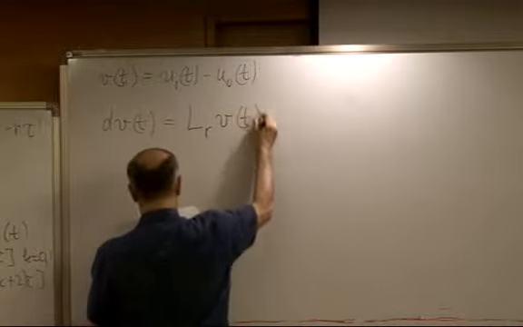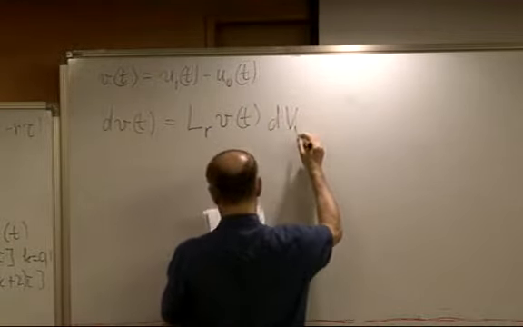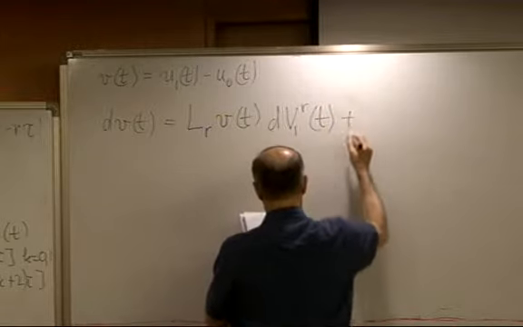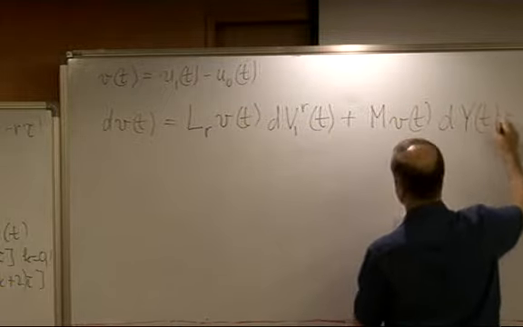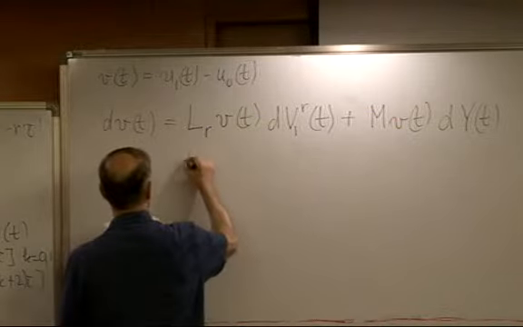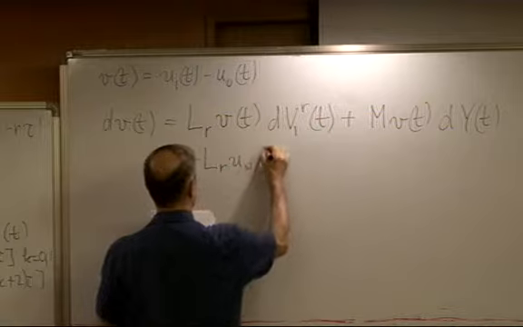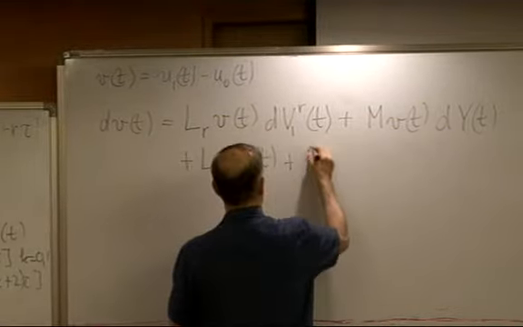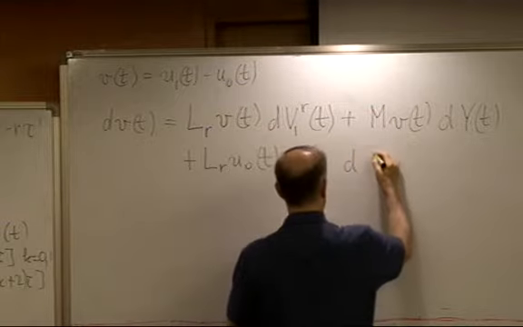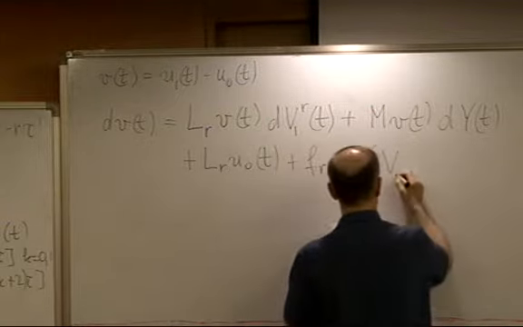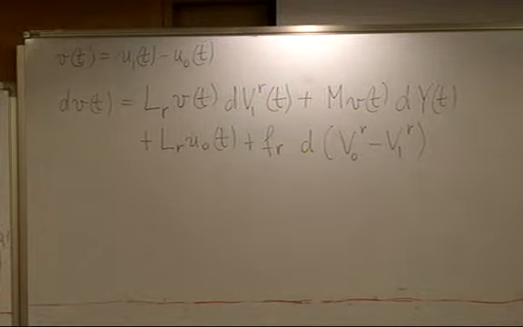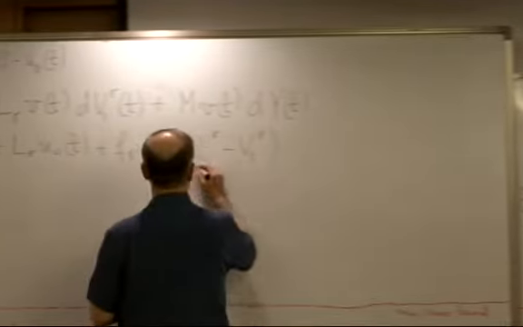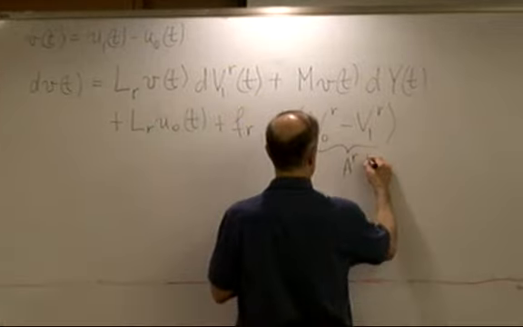LR vt dV1R t plus MVt dYt and plus LR u0t plus FR, and here we write the difference between the driving increasing processes, which in fact, okay, I denote this one by ART.